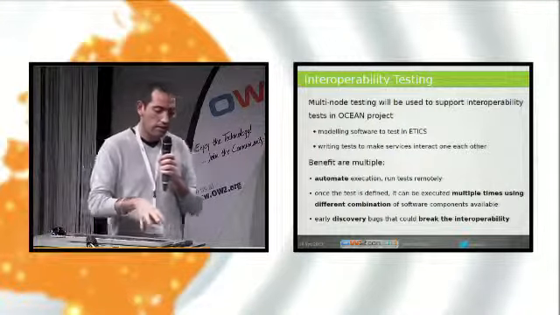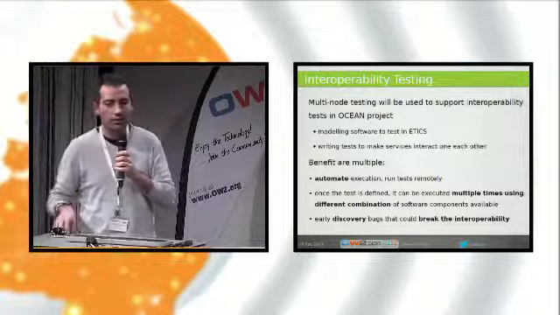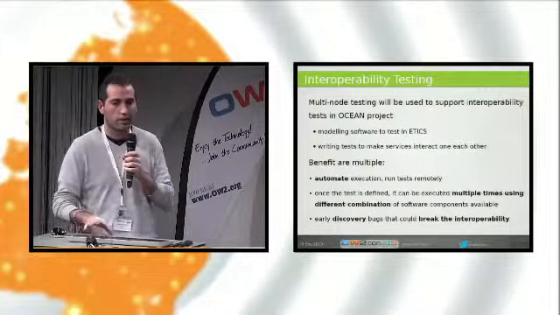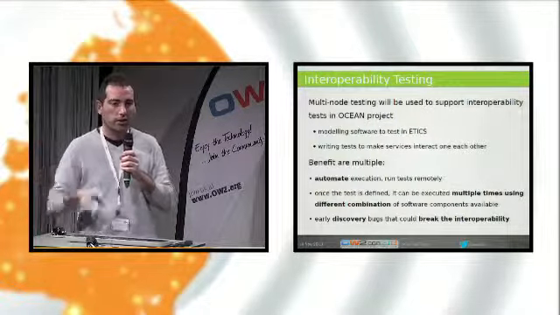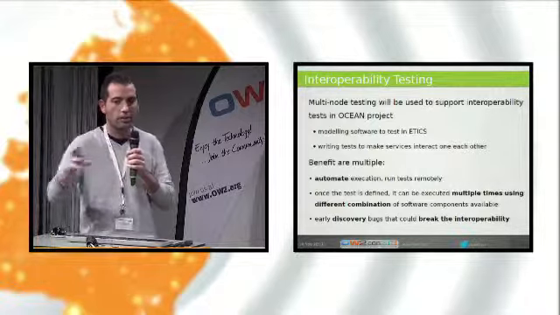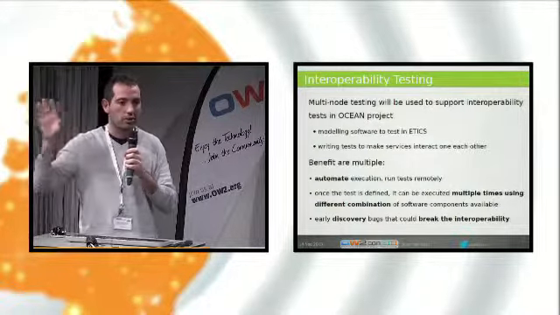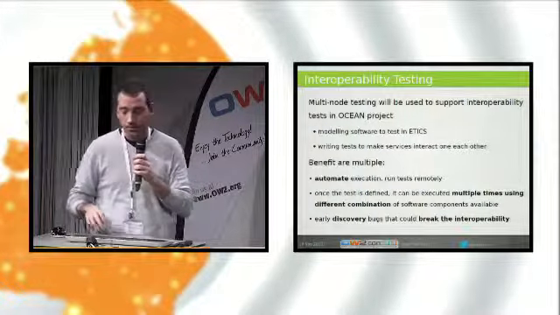Now we are going to use these capabilities of the system for supporting the interoperability testing in the OCCI project. As I said before, in the OCCI we want to test the interoperability between cloud components in order to publish this information on our cloud directory.